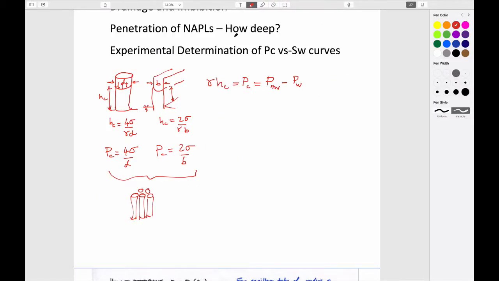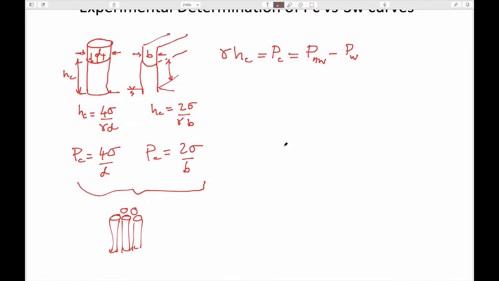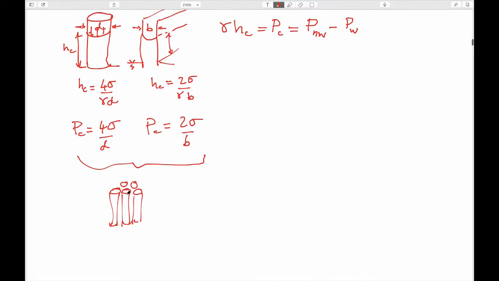And so that means that maybe instead of answering the case of what pressure do we have to apply to get fluid to move along this capillary, another question might be, what pressure do we have to apply if we have a bunch of capillaries that exist, some of which are big, some of which are small, some of which are intermediate size, etc., which represent the real porous medium.